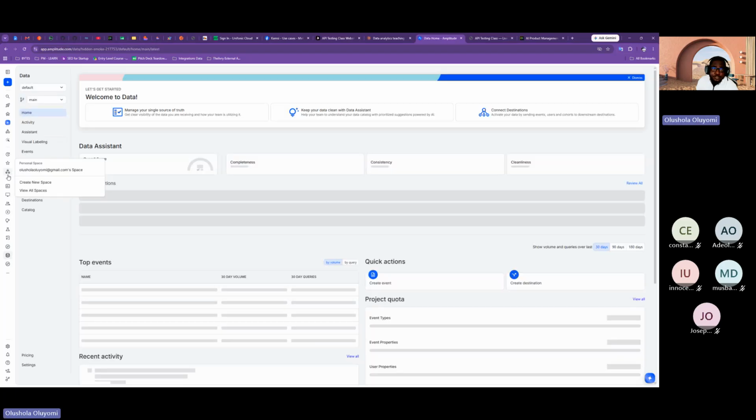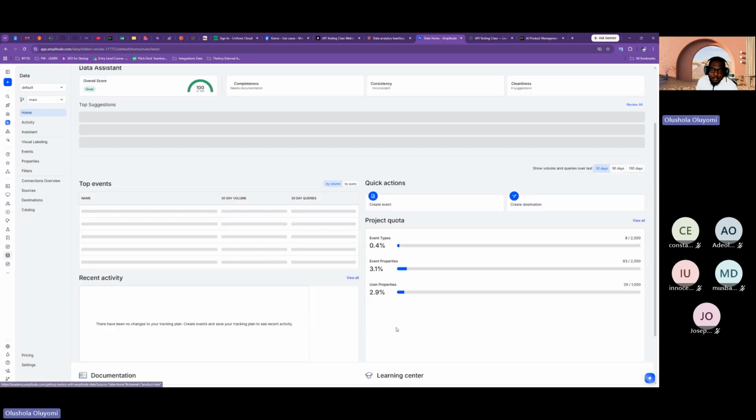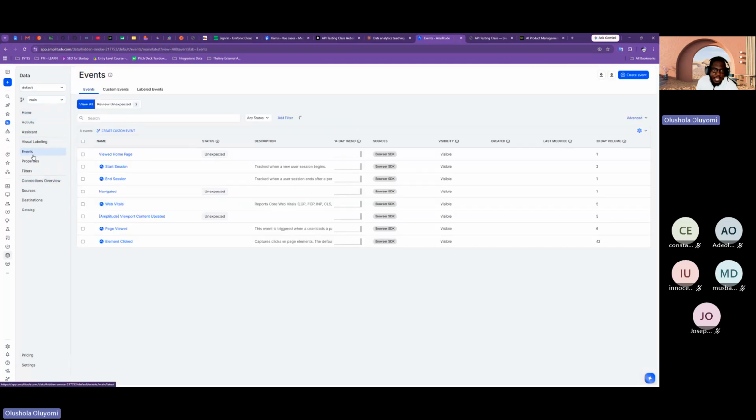Like I said, I've not used Amplitude before, so bear with me. There are 4 event types that have come, but I don't know where it is. Where do I find events? Yes, events. So I've seen view homepage. I navigated from the homepage to where? Where did I go?